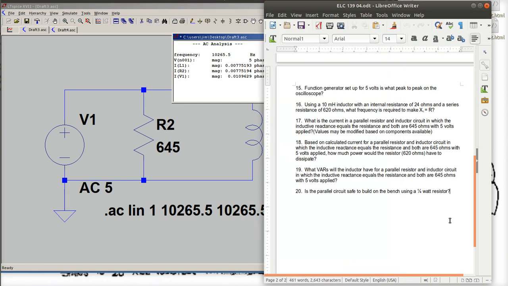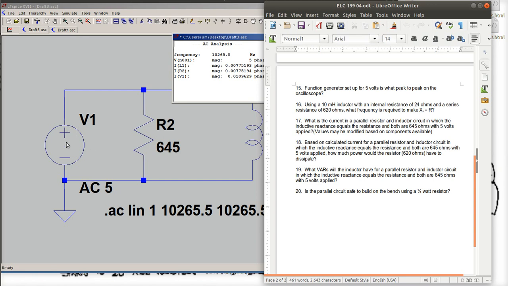Okay, what else is on there? Based on the calculated current for the parallel resistor inductor, how much power would the resistor 620 have to dissipate? I'm going to take the current through the resistor in terms of magnitude. I'm going to square the magnitude. I'm not going to worry about the phase angle. And then I'm going to multiply it times the value of resistance. And then that would give me the power.